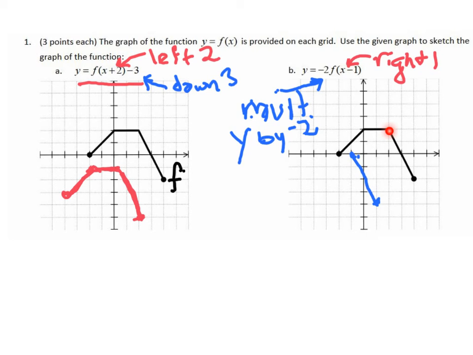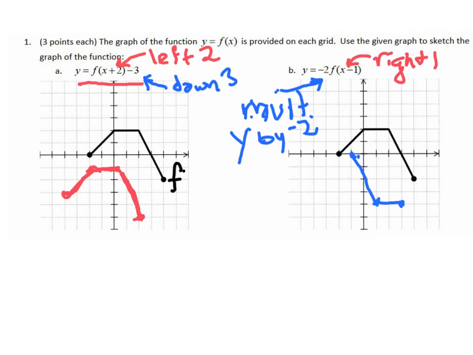Okay, this point, again, I go right 1, multiply the y by -2, I get -4 again. And I'm going to get a new line segment right here. So this ends up going here. And one last point. This point goes right 1. The y-coordinate right now is -2, so when I multiply by -2, I'm going to get +4 up here.